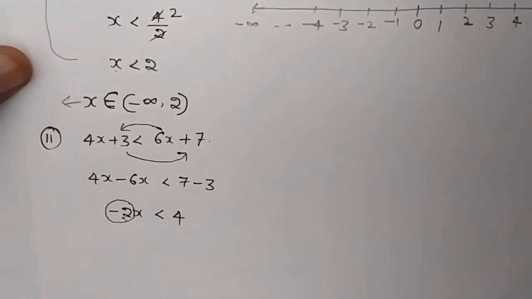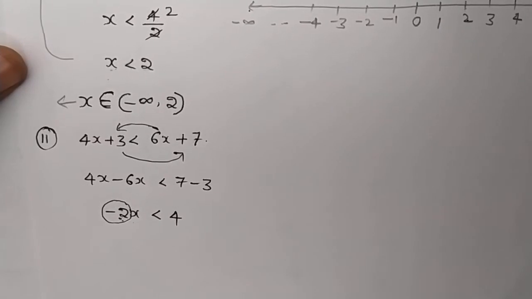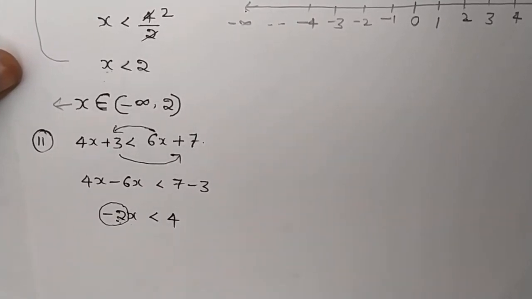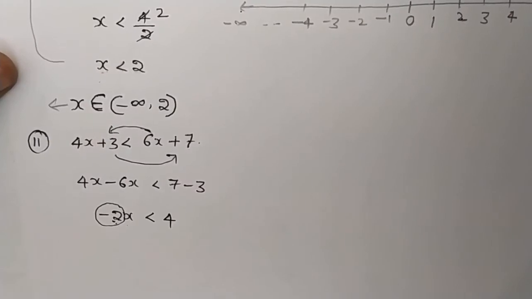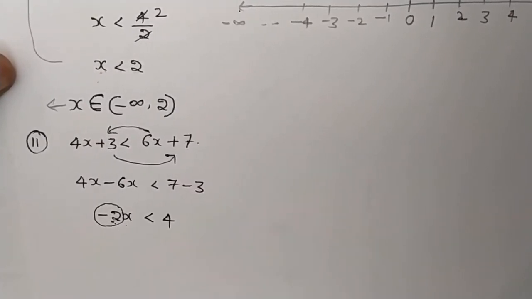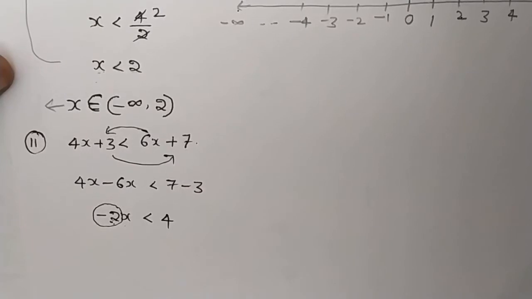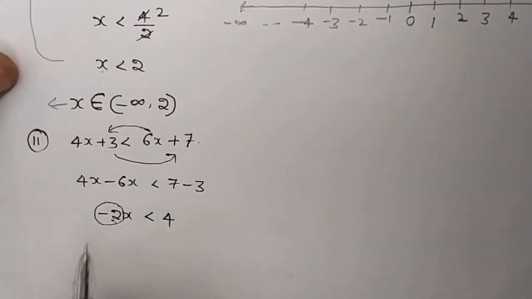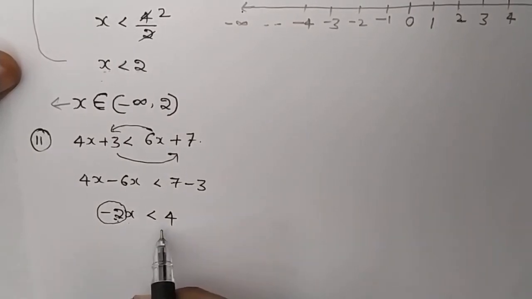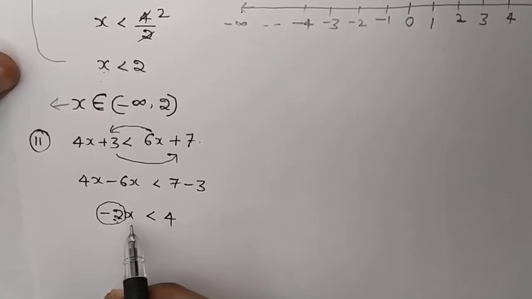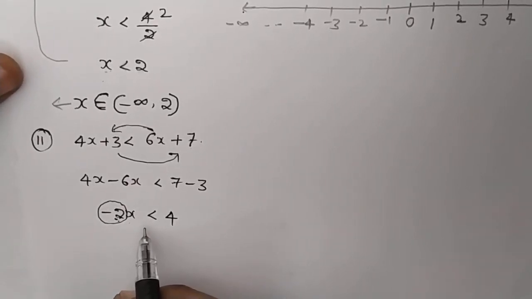You just recall the third rule of solving the inequality, that if we multiply or divide both sides by a negative real number, then the inequality changes its direction. If we are sending this minus 2 to the right, we are dividing by a negative real number.